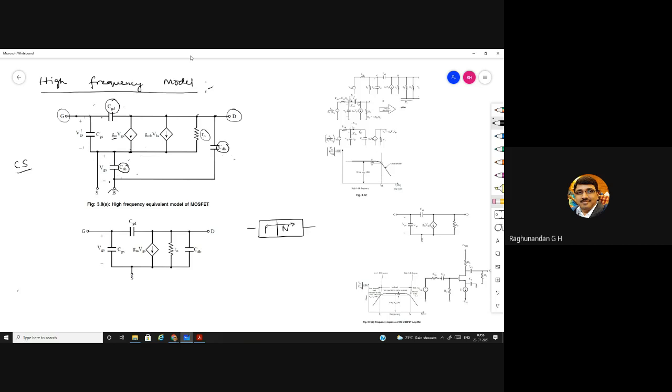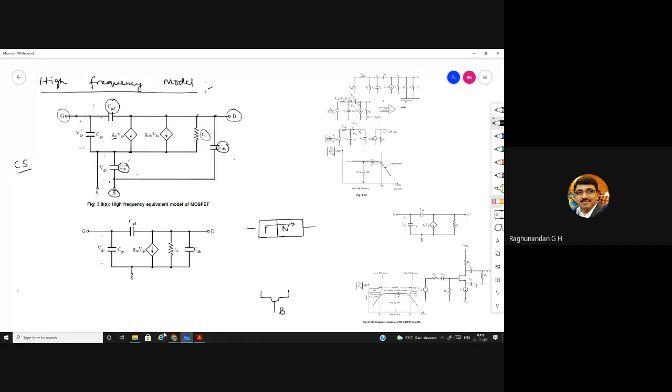This is the body connection. As you know, the MOSFET has one extra terminal with respect to the substrate. At the bottom, we have the substrate connection.